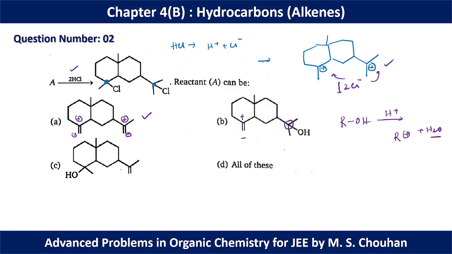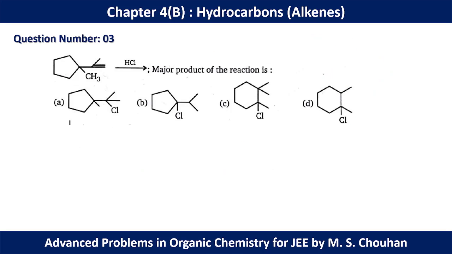For C also we can have the same thing, carbocation or alkene dissociation, and we can form a carbocation here, carbanion here, same as the first molecule. And here we have alcohol, so after dissociation of alcohol we can have a carbocation in this position. So in all of them, A, B, C, we can form this carbocation, and all of these should be the correct answer for question number 2.